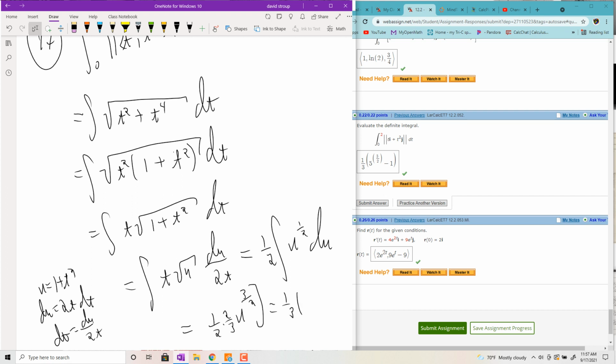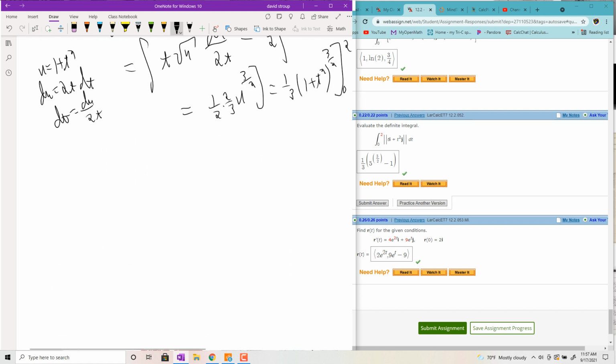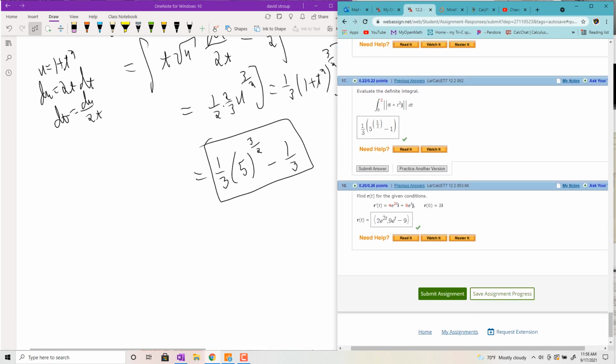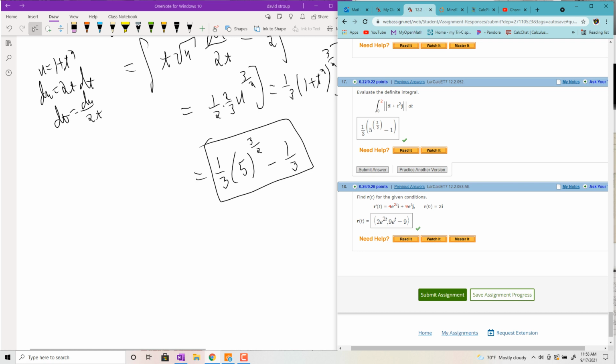So 1/3 back sub 1 plus t squared to the 3/2 evaluated from 0 to 2. Okay, so that'll equal 1/3 times 1 plus 4, which is 5, to the 3/2 minus 1/3 times 1 to the 3/2, just 1/3. So I would type that in, unless they say how many decimals to use for your approximation. They want an exact answer. So you have to literally type that number in, with the 1/3 factored out in your answer.